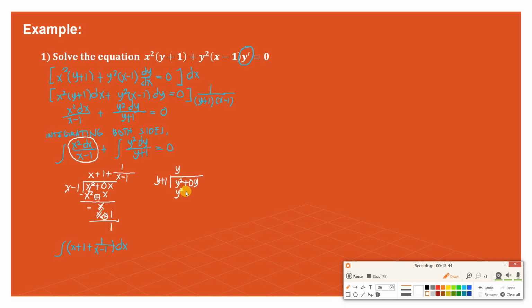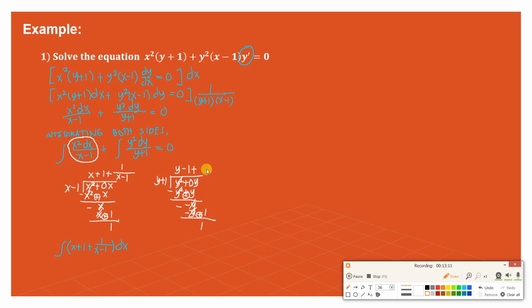We have y squared plus y. I subtract, change the sign, cancel to, negative y. I divide again, we have negative 1, multiply, negative y minus 1. Subtract, change the sign, cancel na to, we have a remainder of 1.